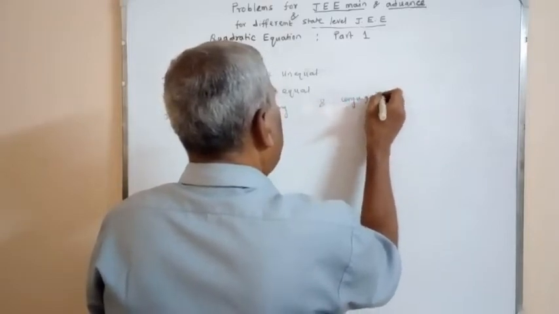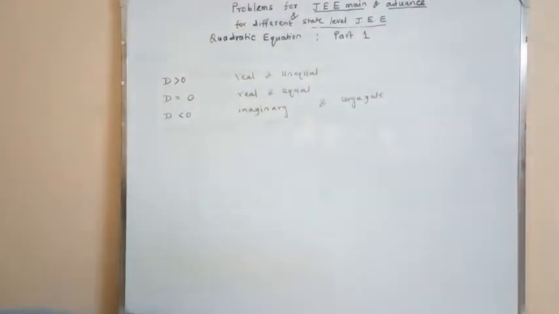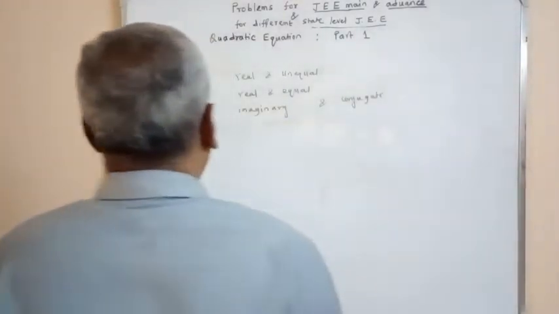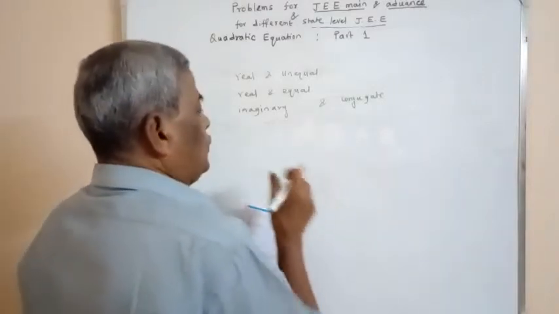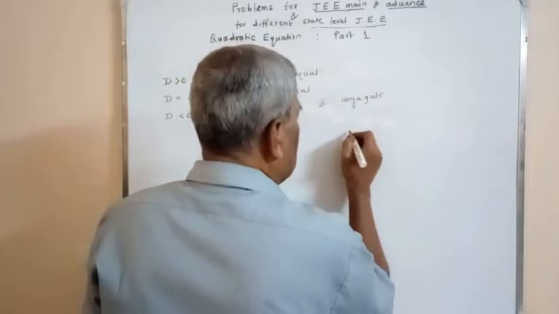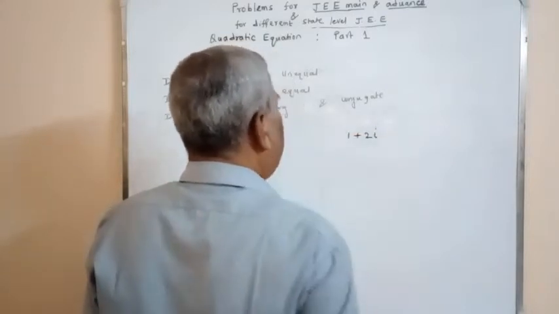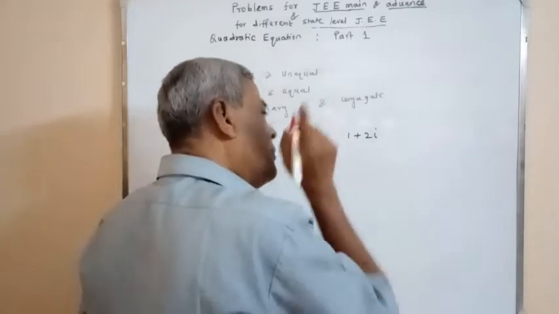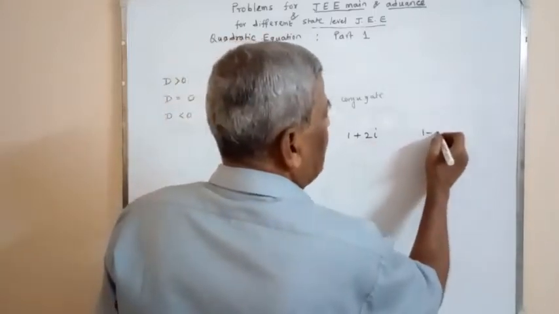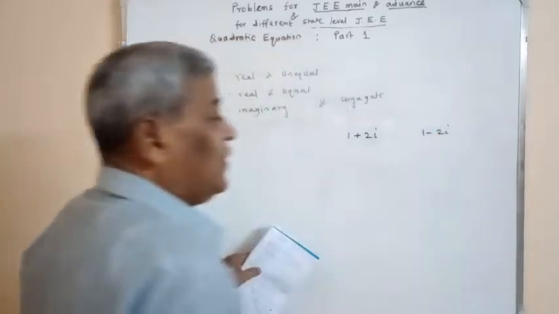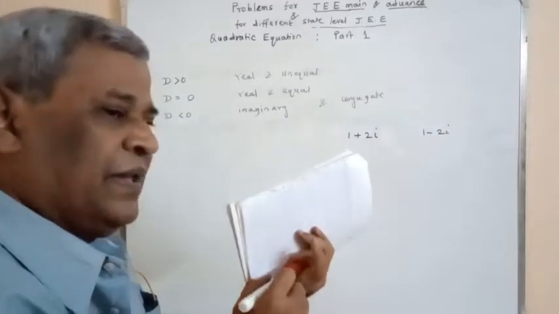It means if D is negative and one root is, say, 1 plus 2i, then the other root must be its conjugate, that is 1 minus 2i, provided all the coefficients of the equation are real.